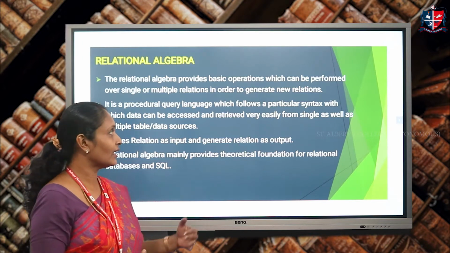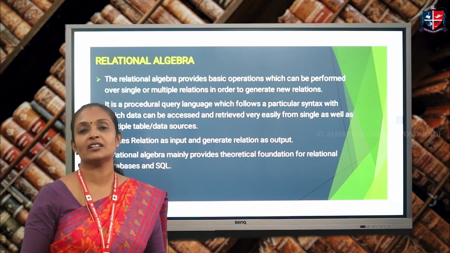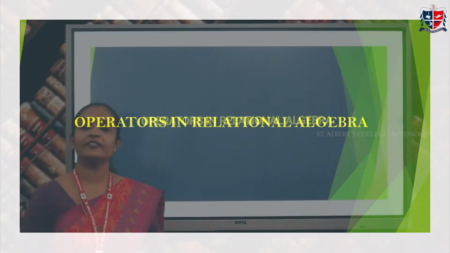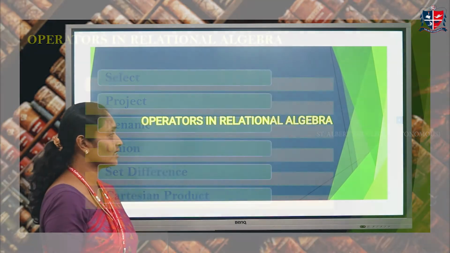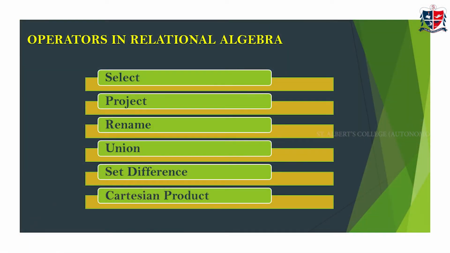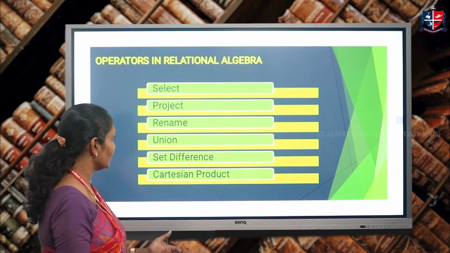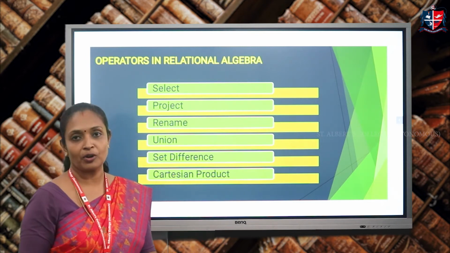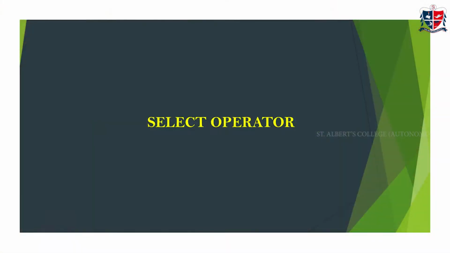If you have a clear idea about relational algebra, then it will be easier to understand more about the structured query language. Now I will explain the various operators used in relational algebra. The various operators used in relational algebra include the select operator, project operator, rename, union, set difference, and Cartesian product. So these are the various operators associated with relational algebra.